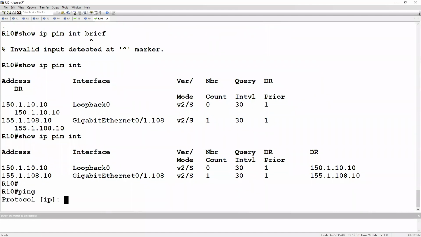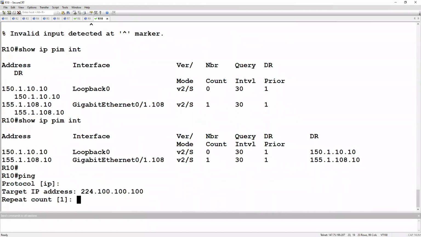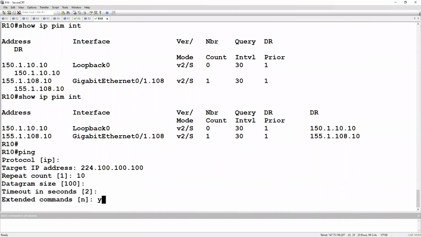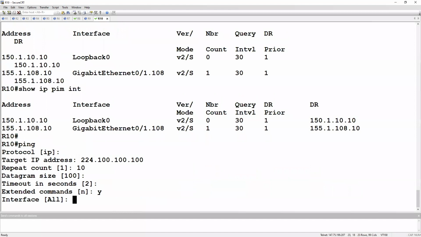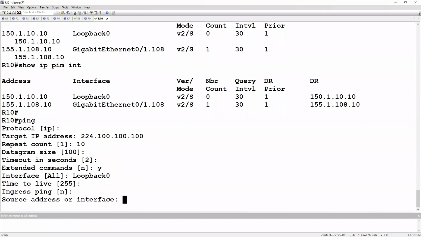So we can say ping, let's say 224.100.100.100. Extended commands, yes. Interface out, loopback 0. Source is going to be 150.1.10.10.